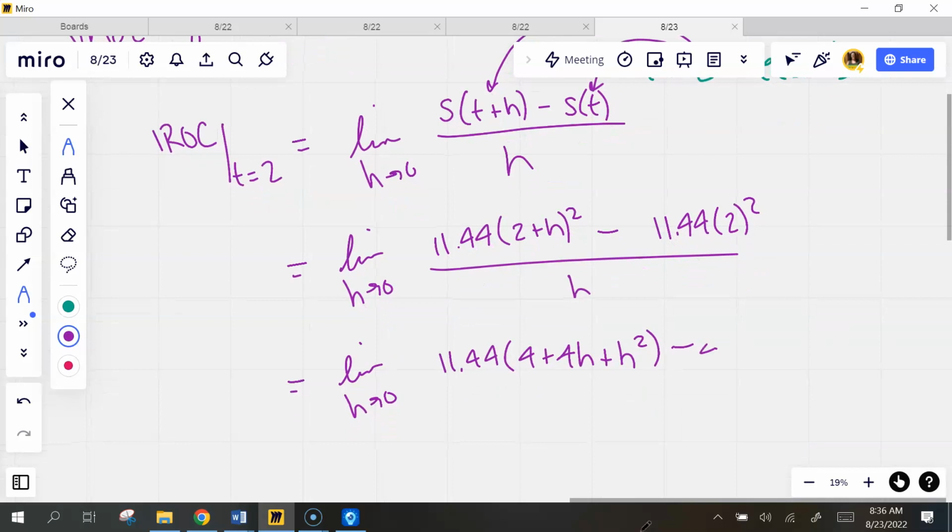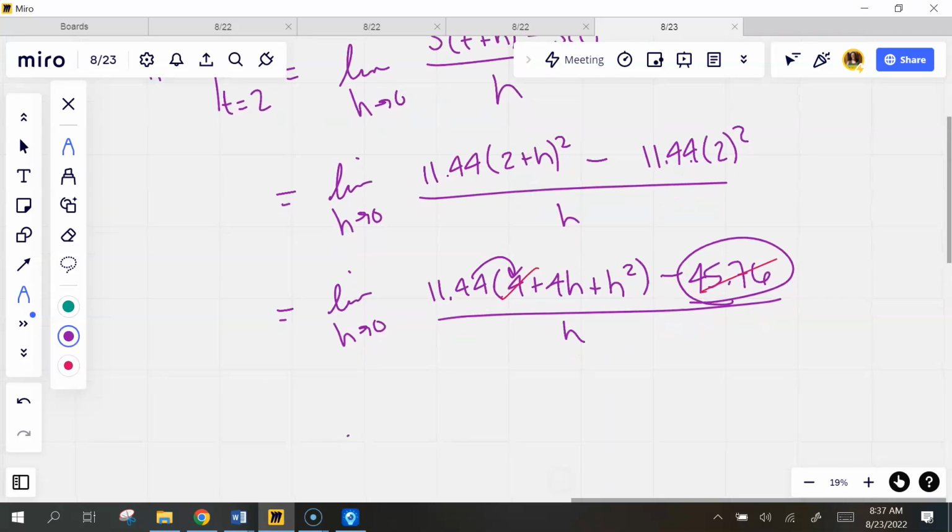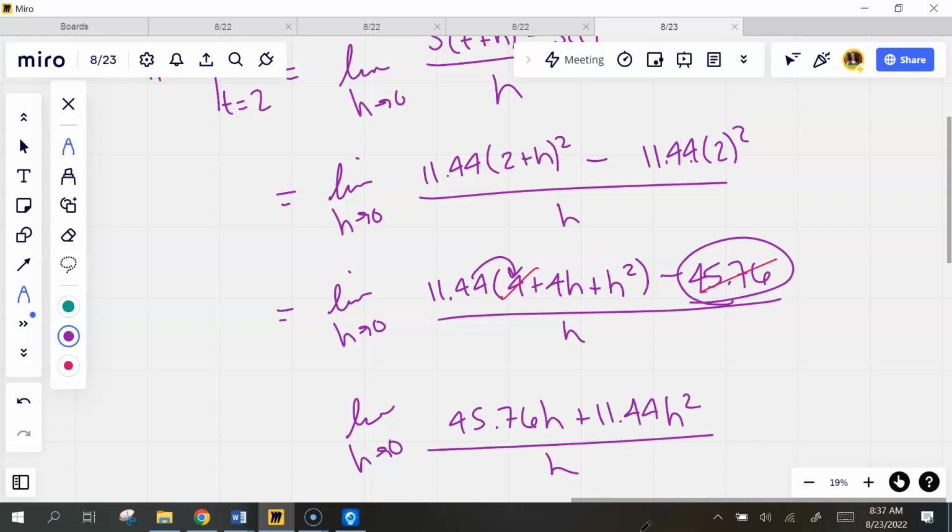All right, minus 45.76 over h. Well, 11.44 times 4 is this number because I just did it, right? So that's going to cancel. And now I have the limit as h goes to 0 of 45.76 h plus 11.44 h squared, everybody's over h.